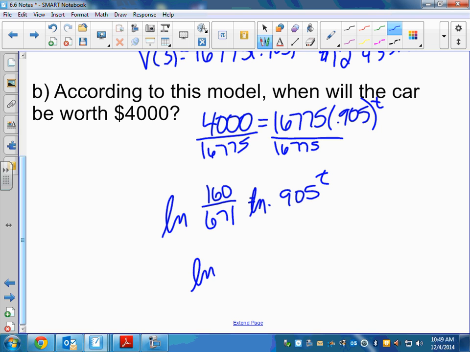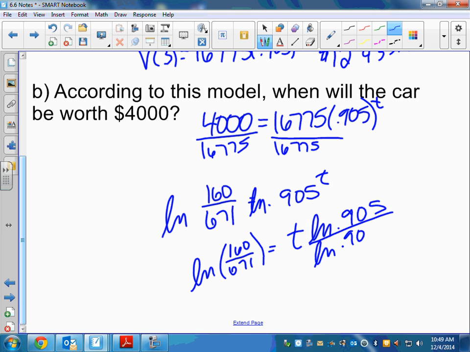So I get the ln of 160 over 671 equals t times the ln of 0.905. And then I'm just going to divide that over. And then it's definitely a calculator heavy problem.